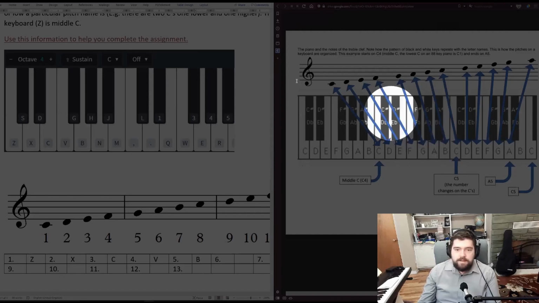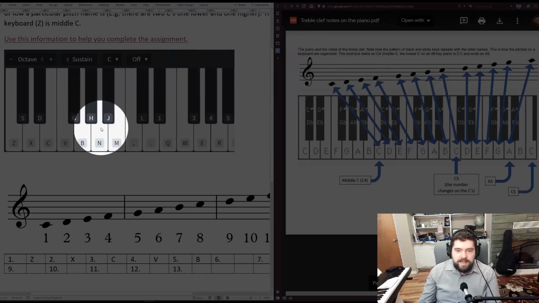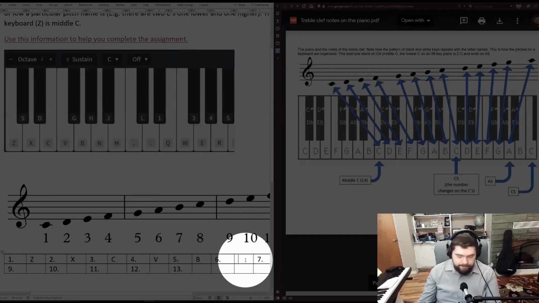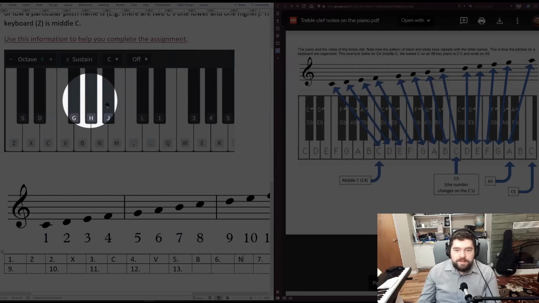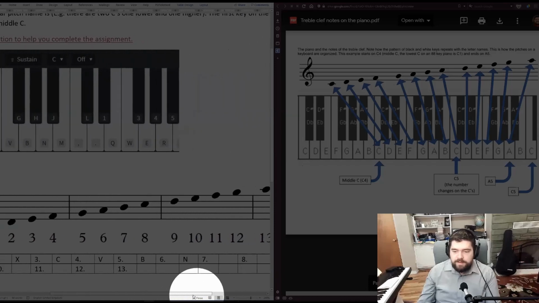So the A is right there. 3 black keys in between the 2. You press on this one, which is an in. And if I was playing the BandLab piano, I'd press the in key. And for us, we're just lining it up with this keyboard where each note has a separate letter name. All right, so that one is the in.